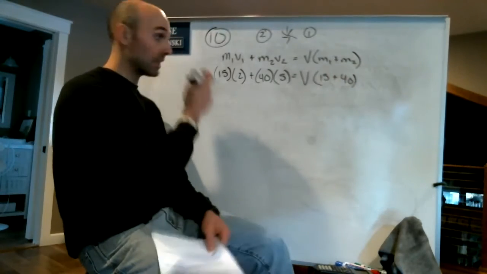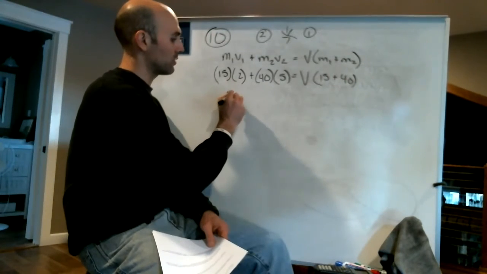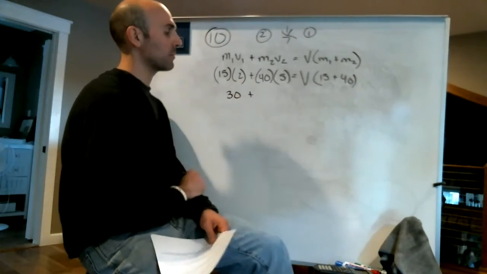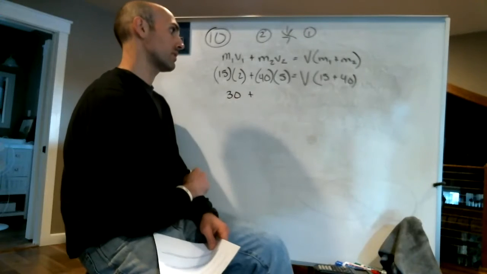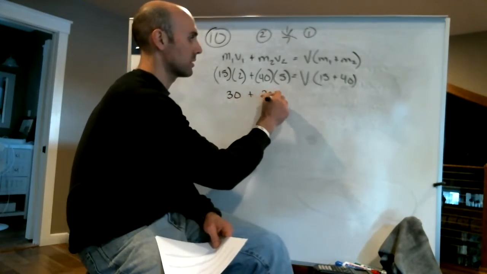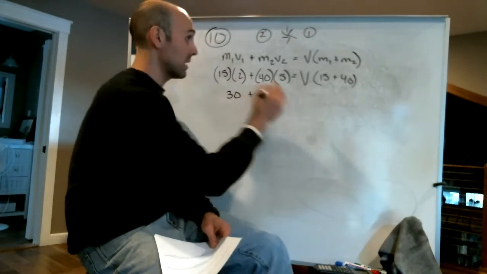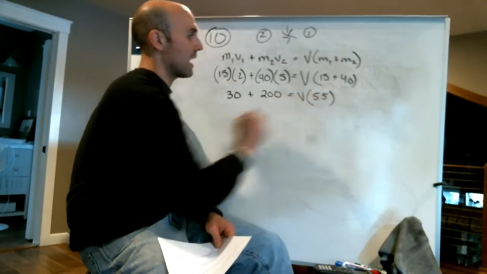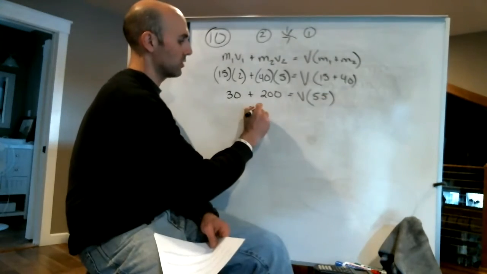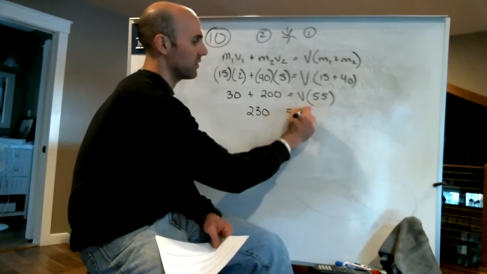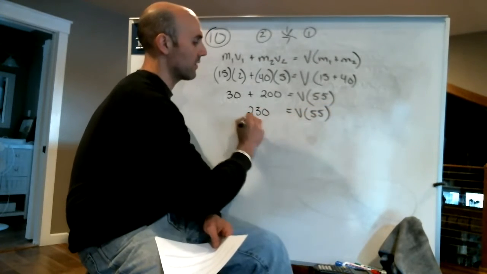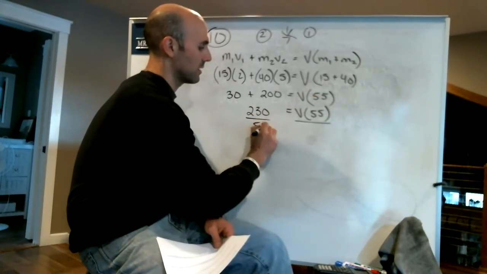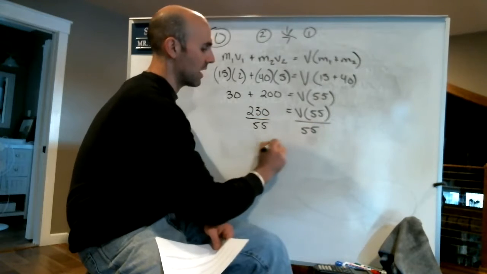So let's fill this out. 15 times 2 is 30 plus 40 times 5 is, let's see, 200, equals v times 55. 230 equals v times 55. Let's divide by the 55.